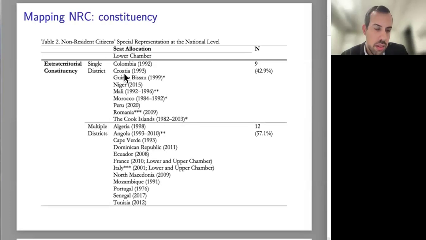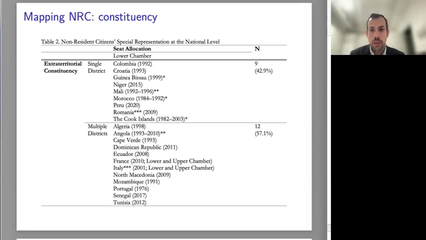The first is the single district, and the second row, sorry, is the multiple district. In the latter category, the number of constituencies varies from a two-district setting, for instance Portugal or Ecuador, to more than five extraterritorial districts, such as in Senegal or Tunisia.